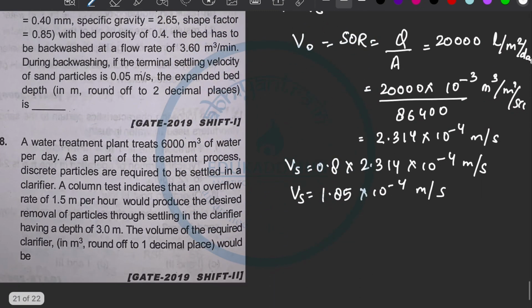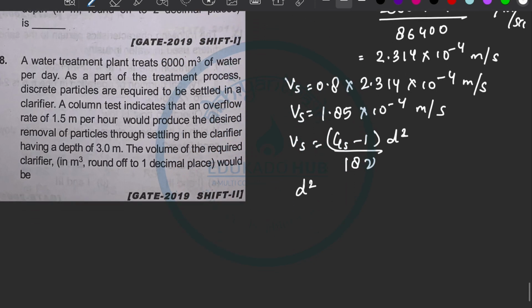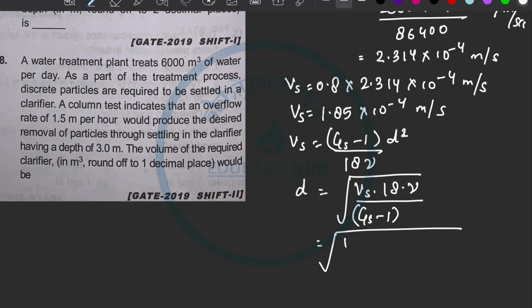From the formula, Vs is equal to (Gs minus 1) upon 18 nu into d square. From here d is equal to under root of Vs into 18 into nu divided by (Gs minus 1).